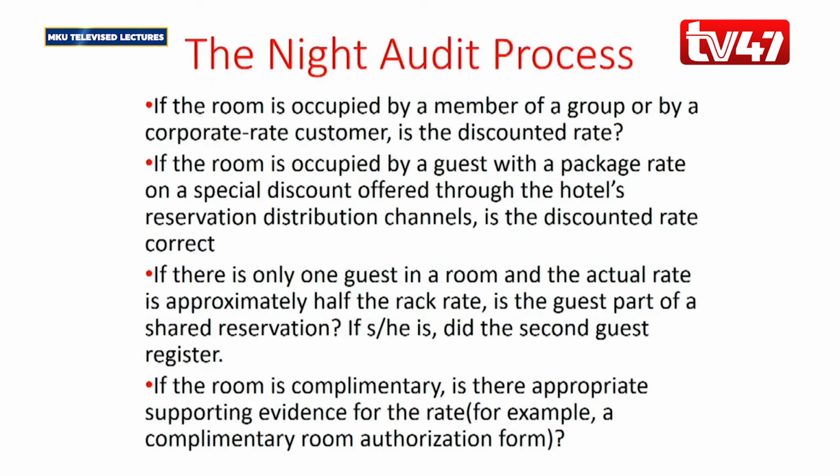Then we want to check whether the appropriate supporting evidence for that rate is available. Ideally, we are checking whether the complementary room authorization form was actually signed and is available. So that's how we deal with the discrepancy between the rack rate and the rate that was posted.